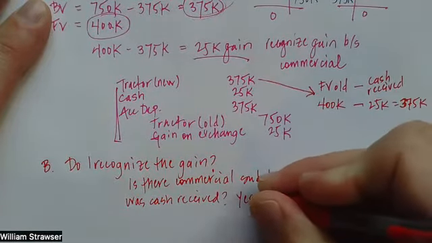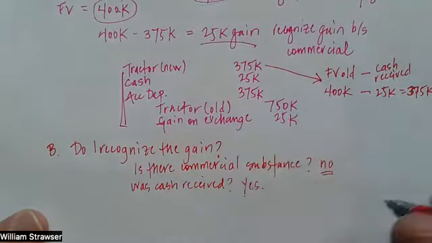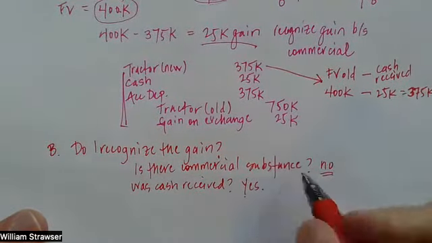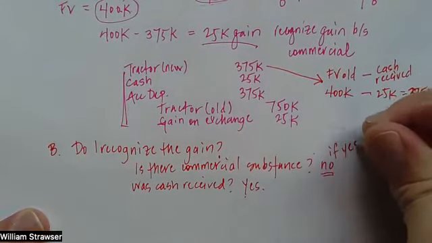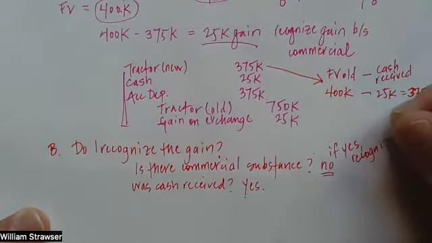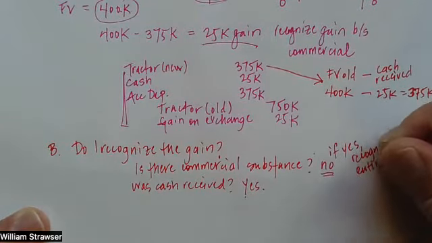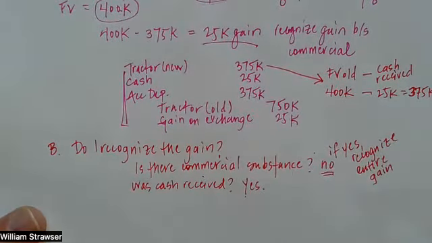Now, if the answer to the commercial substance is yes, then I recognize the entire gain, just like I did above. All $25,000 of that gain gets recognized if it has commercial substance.